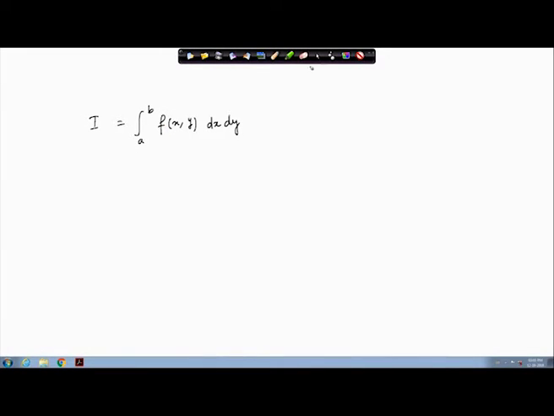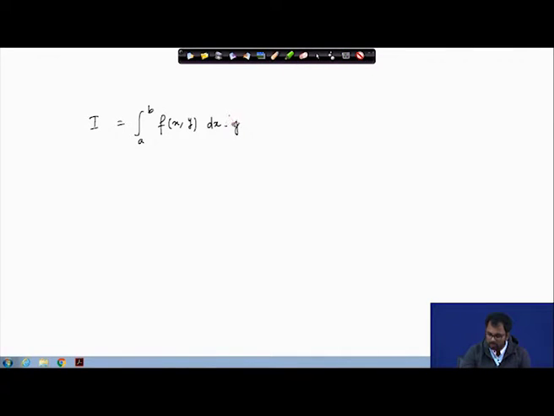So first, if we integrate this integral, then we will obtain a function of y. So basically this integral is nothing but a function of y, and after the integration we can talk about the differentiability of this function I(y).